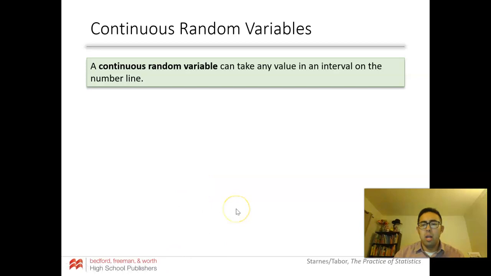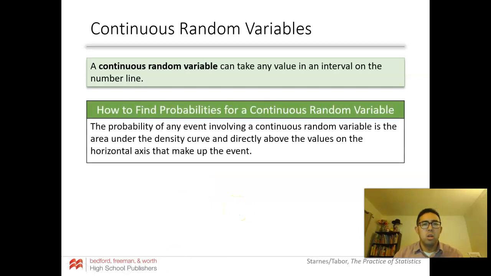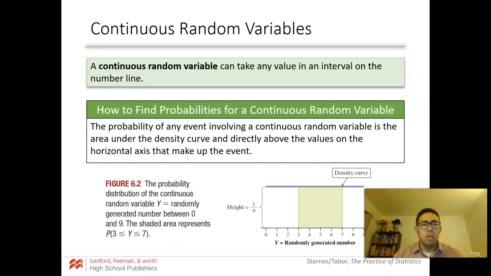And so an example of this is, I guess, the uniform distribution. The best way to sum it up is that if I were to randomly generate a number between 3 and 7, if it's not an integer, it literally can be an infinite number of possibilities, right?